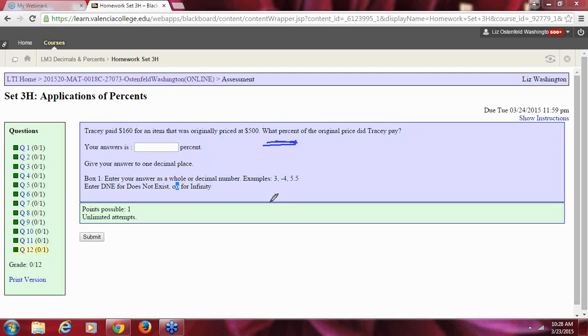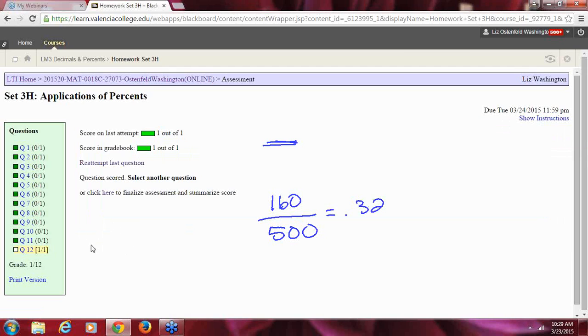She paid $160 and the original price was $500, so you don't actually subtract here. Only percent increase and decrease you subtract. So this actually turns out to be 0.32. So let's see if it likes me if I type 32%. There we go.